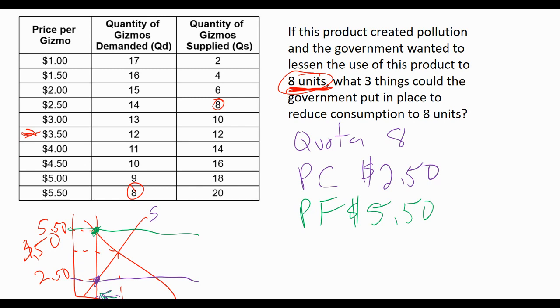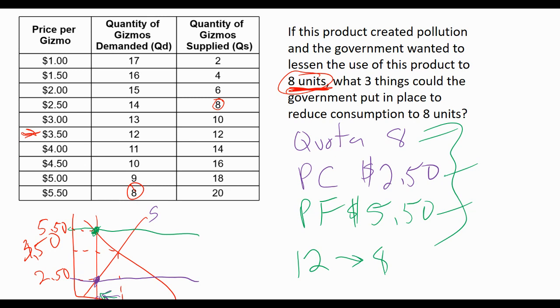Okay? So essentially, these are the 3 things that our government could do to go from equilibrium at 12 to lessen the amount of output to 8. They could either put a quota in at 8, they could put a price ceiling at 250, or they could put a price floor at 550.